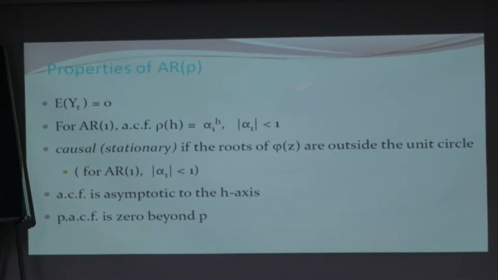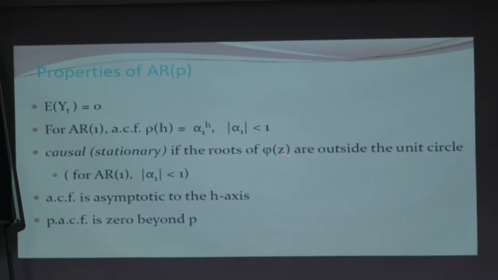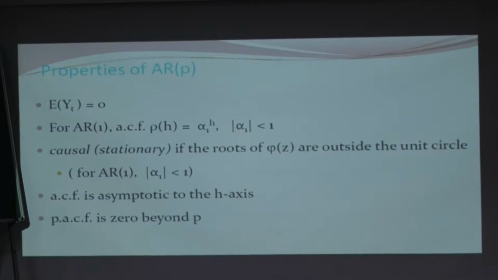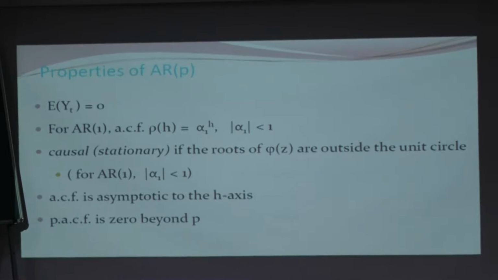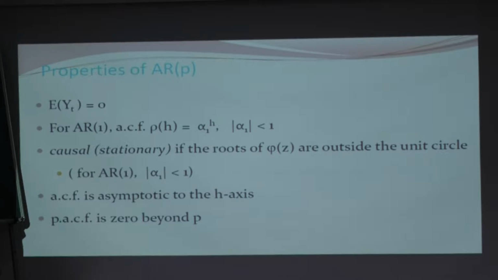So it becomes very difficult to identify in terms of the parameters. What we rather do is refer to this in terms of the roots, instead of looking at the alphas. So we say that this AR process is stationary if the roots are outside the unit circle.